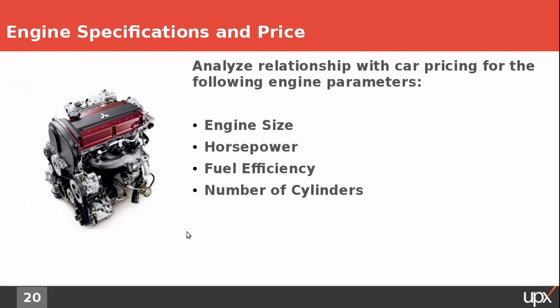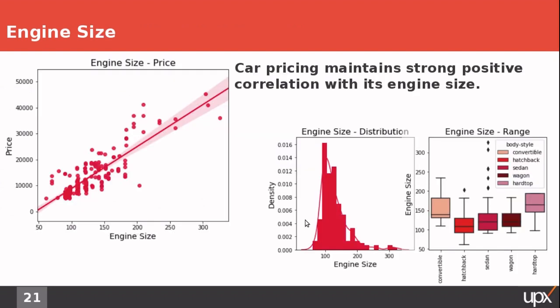Now let's compare the engine specifications with the price of the car. Here we take the engine size, horsepower, fuel efficiency, and number of cylinders to compare along with the price. First of all, we take the engine size. Engine size and price, you can see that there is a very strong correlation between the engine size and the price.